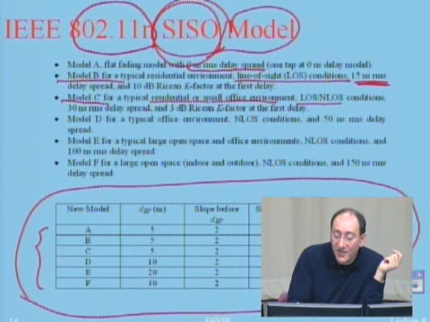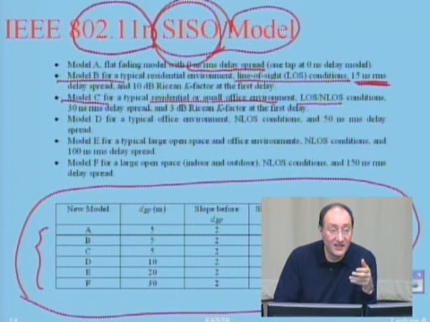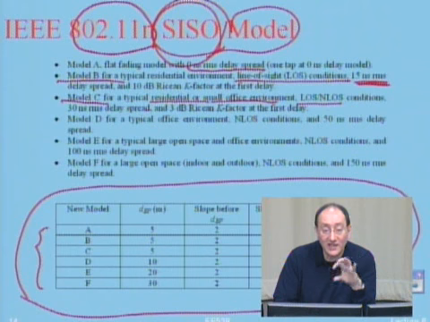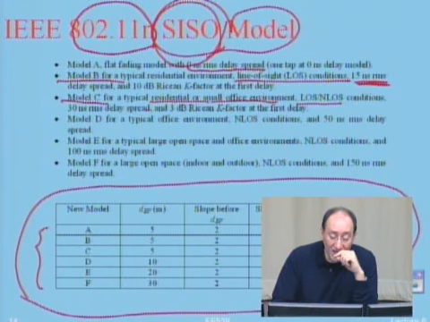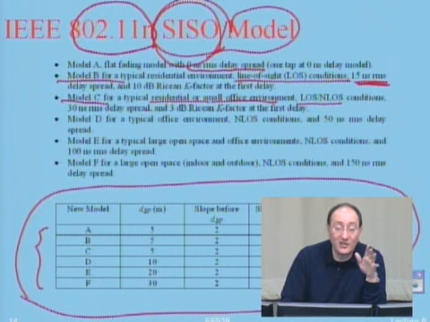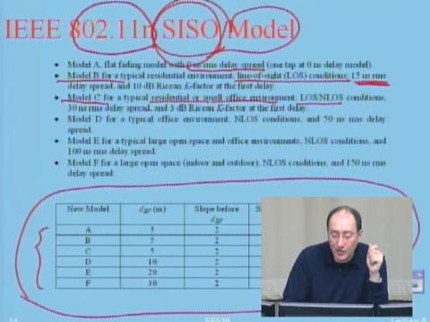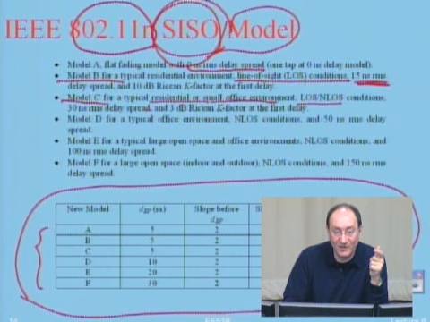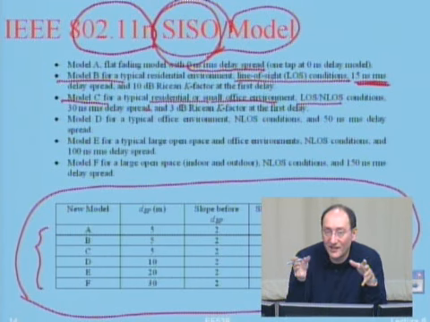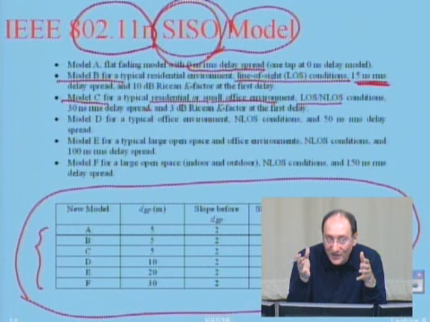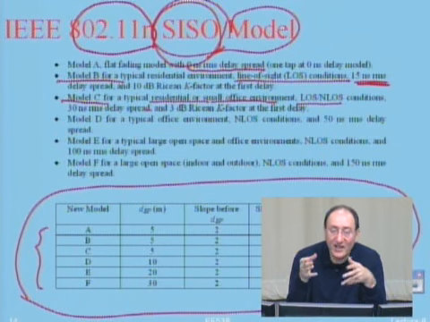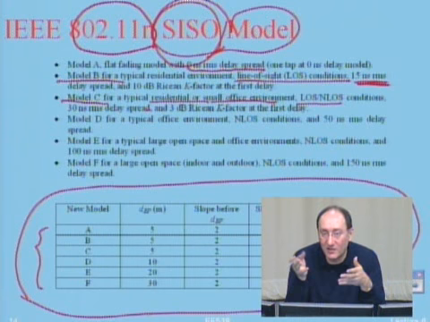It has line of sight and obstructed line of sight. This is very important, the categorization between line of sight and obstructed line of sight. In reality, actually, it depends on the type of application. In the indoor environment, often we have non-line of sight because rooms are very small. In manufacturing floors, I have all line of sight. In offices, I have a mixture of line of sight and obstructed line of sight.